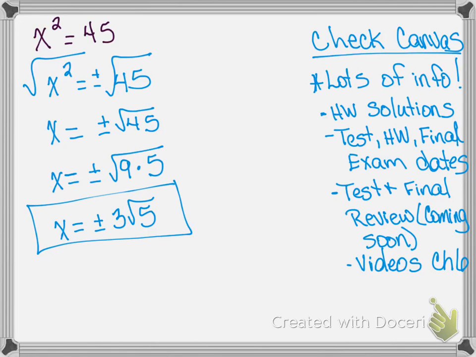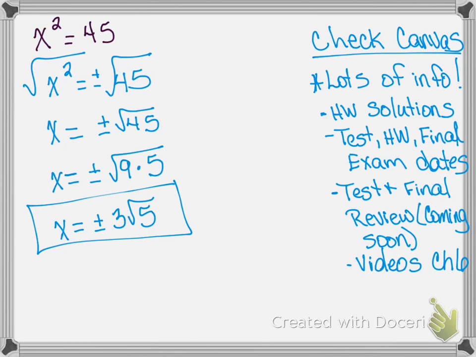This crosses the x-axis. This crosses the x-axis. Okay? It's very difficult to tell where it crosses the x-axis because we are estimating it because it's in between two numbers.